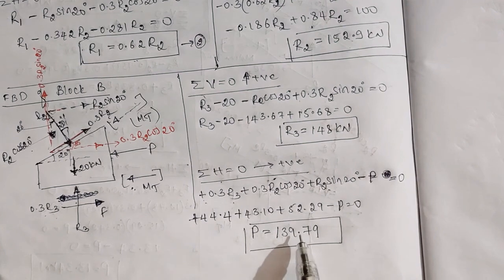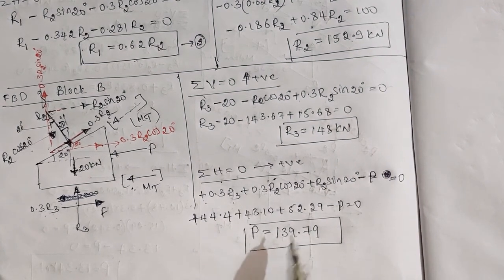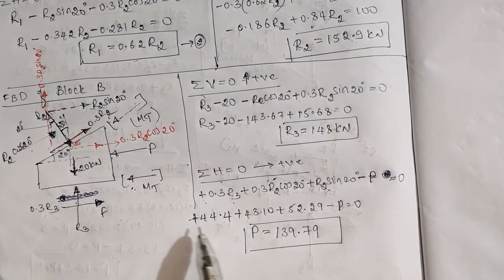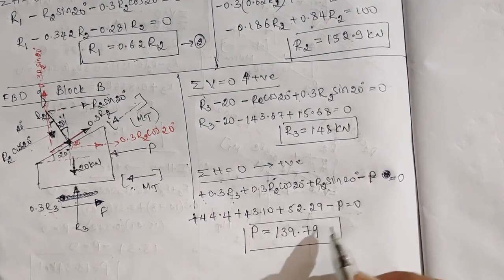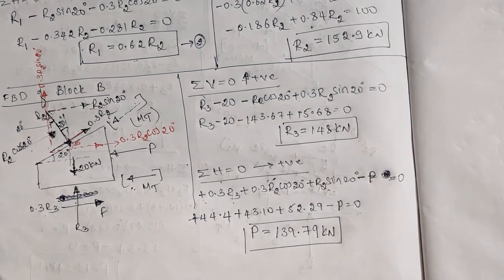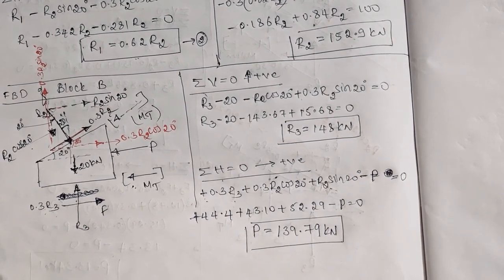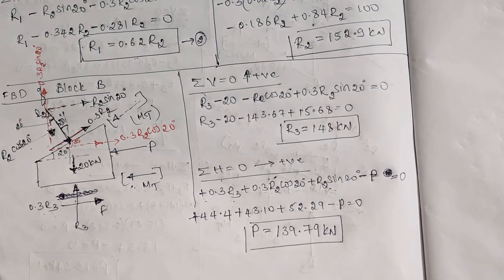When I calculated this, I was getting a less value, so I thought to recheck, so it is positive, so it is 139.79 kilo Newton P value. So like this way a wedge problem is solved.